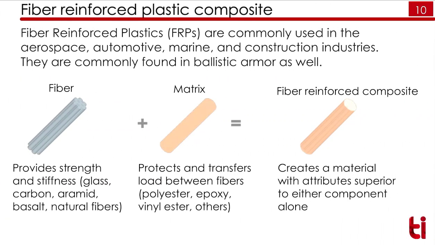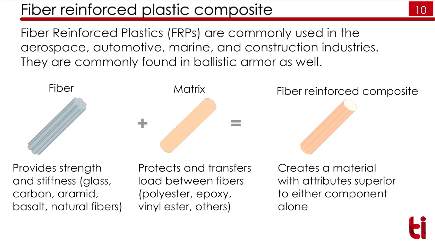So in our laboratory experiment, we will see a typical fiber reinforced plastic composite. Here we have fibers made of glass, which we call fiberglass, and we have added them into a matrix of epoxy.